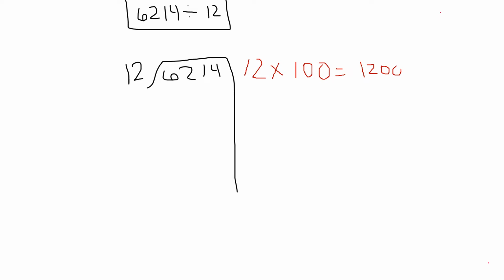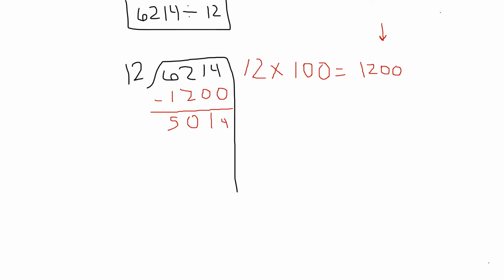Once we get our answer over here, we just subtract it from the dividend over here, 1,200, because as we know, division is simply repeated subtraction anyway. So when we subtract this number, we get 4, 1, 0, and 5. So we get 5,014.